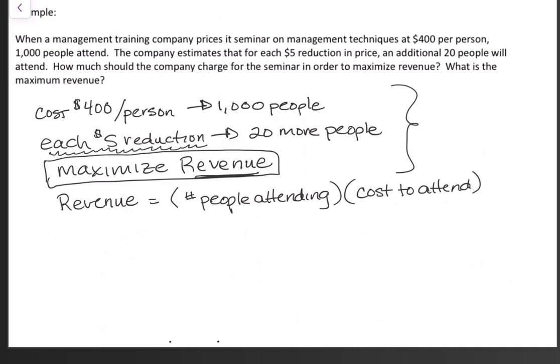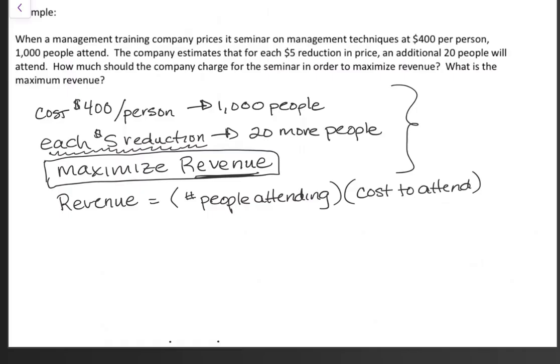Because I know if I reduce it by $5, I get 20 more people, which is going to increase my revenue. But at some point, if I decrease it too much, I might start losing money. So we're trying to find that sweet spot of reducing the cost, but maximizing my revenue.